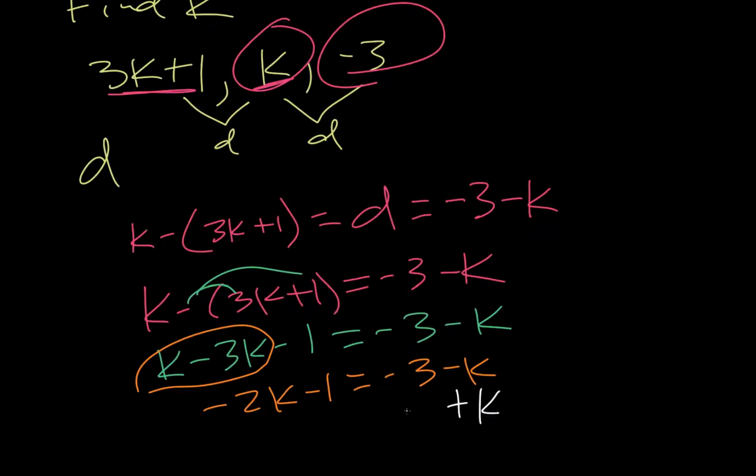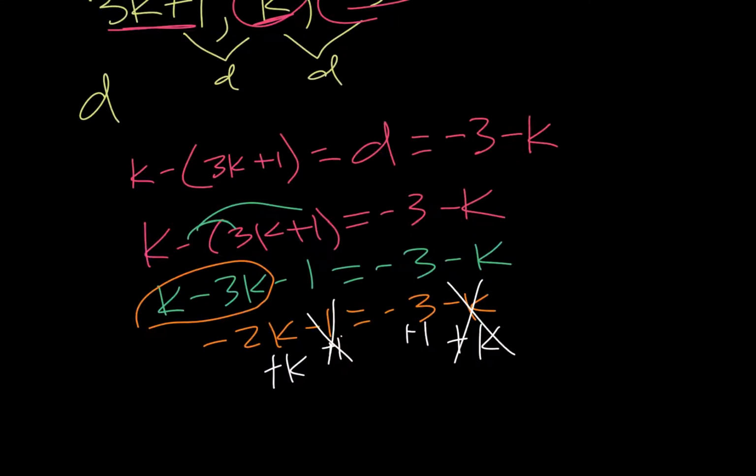So I'm going to add k, then I'm going to add 1. So these cancel. And if we simplify, we get negative k equals negative 2, or k equals 2. And that's all we had to do on that one.